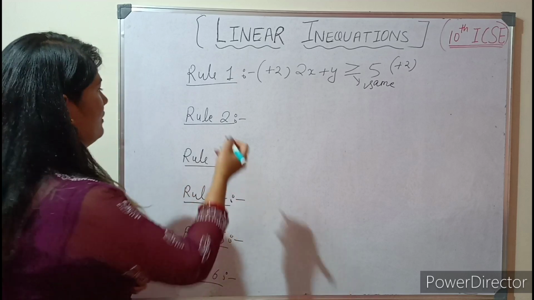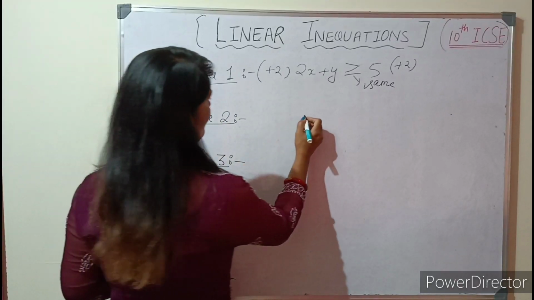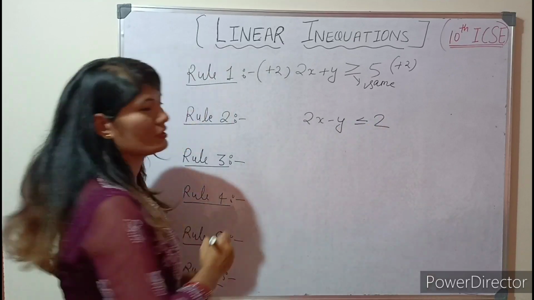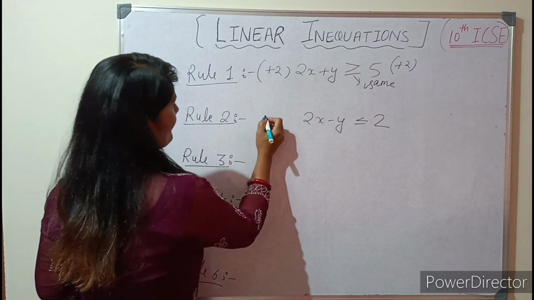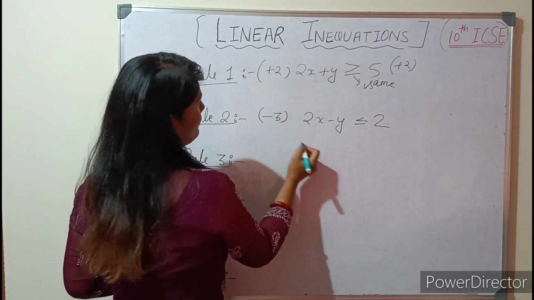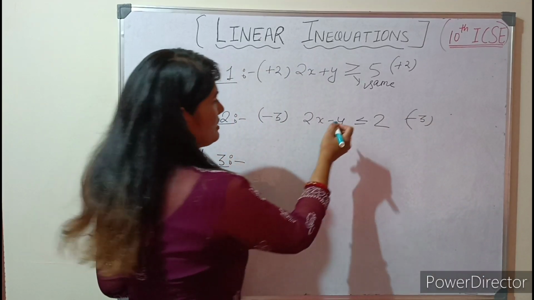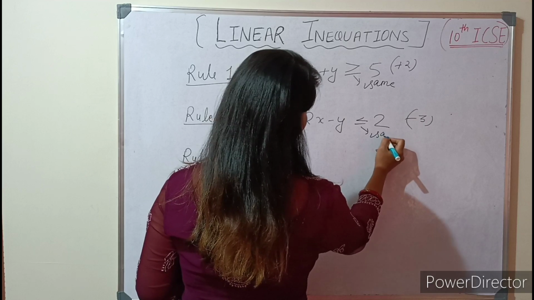That's it. Now rule number 2, if I write another equation, rule number 2 states that if you subtract any number from both the sides, in this case also the sign will remain the same.